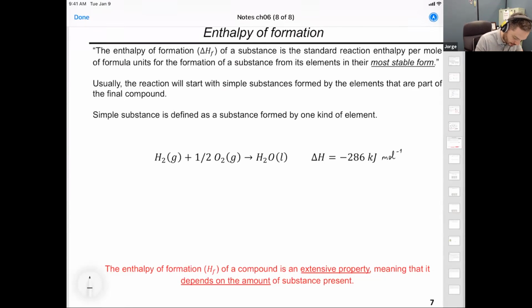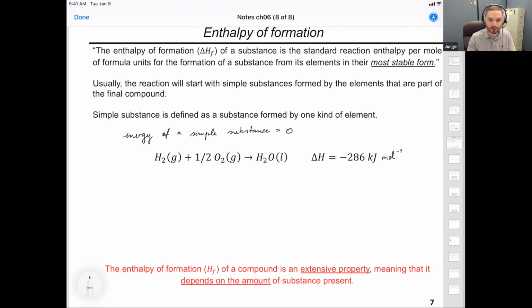Let's note this here: the energy of a simple substance is always equal to zero.